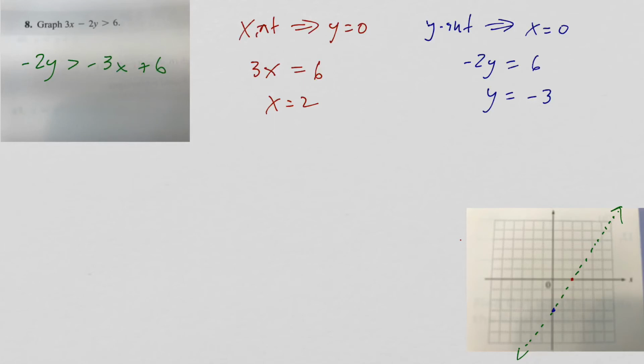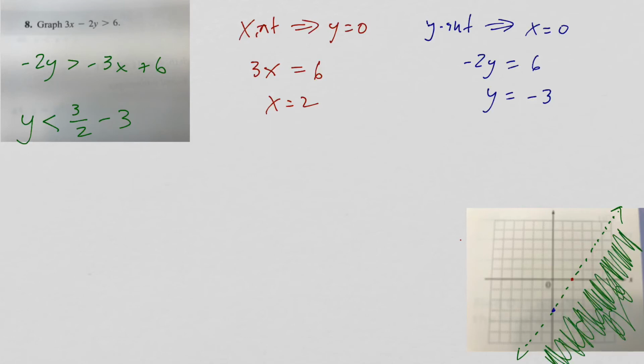I divide by negative 2 and I get y is less than, because I'm dividing by a negative, 3 halves x minus 3. So I can see that I'm shading the lower side, the less than side of this, which is why I wanted to put it into slope-intercept form so I didn't accidentally shade the wrong side.